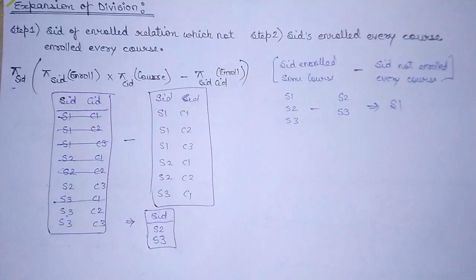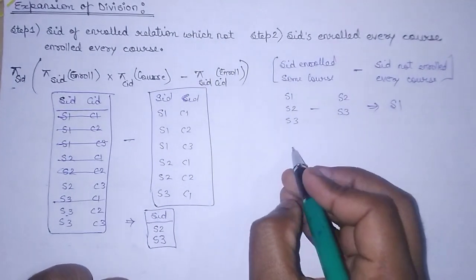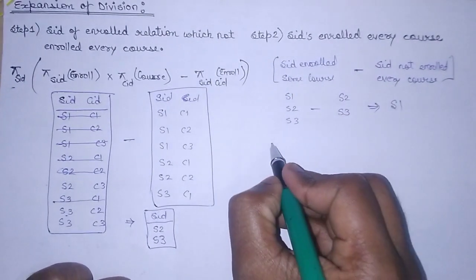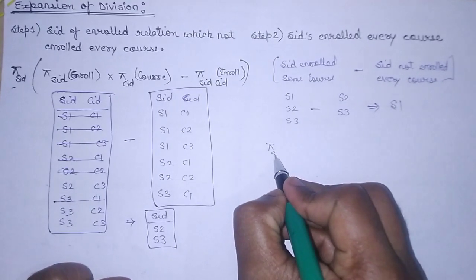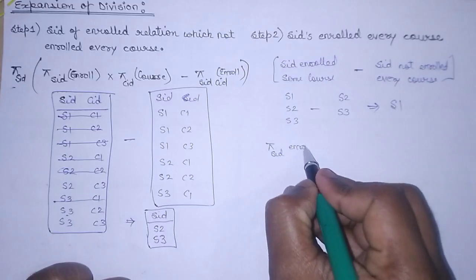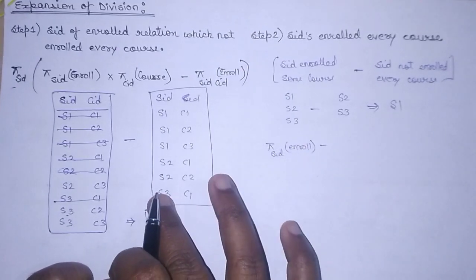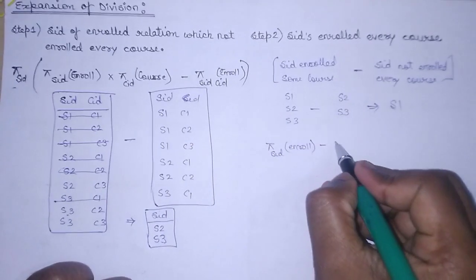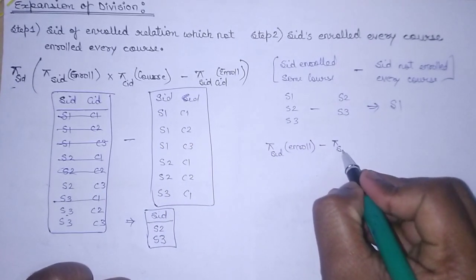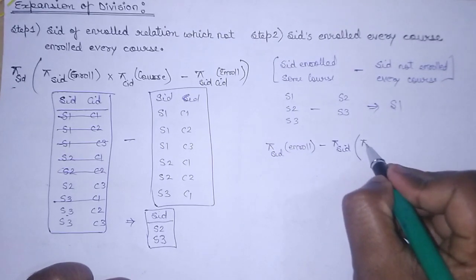this division. So how we can write this in a relational algebra query is, write this first. That means project student ID from the enroll relation. It will give you all the student IDs. Then subtract this particular query, which is project student ID from this relation.